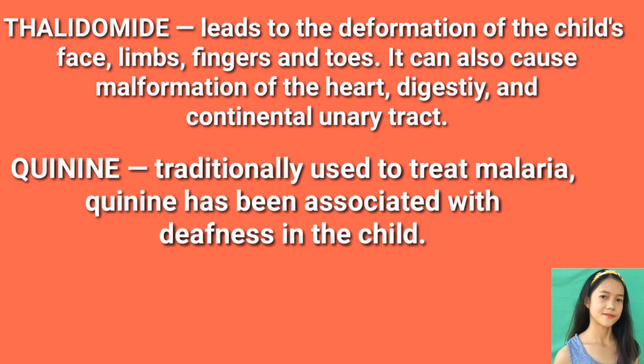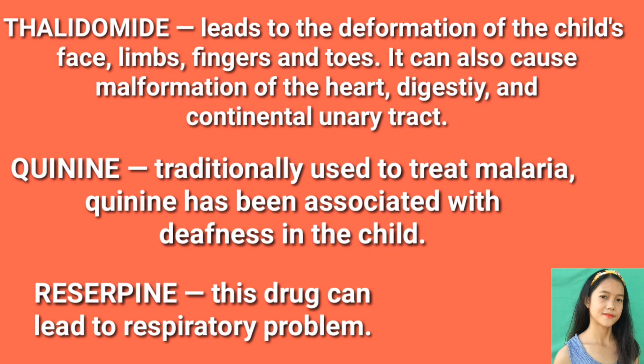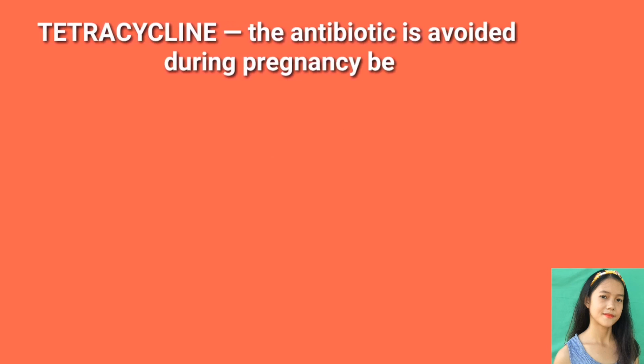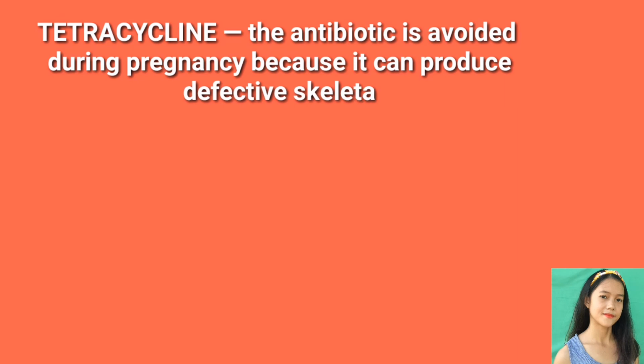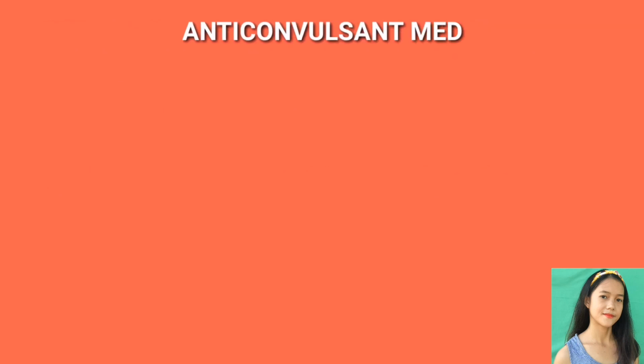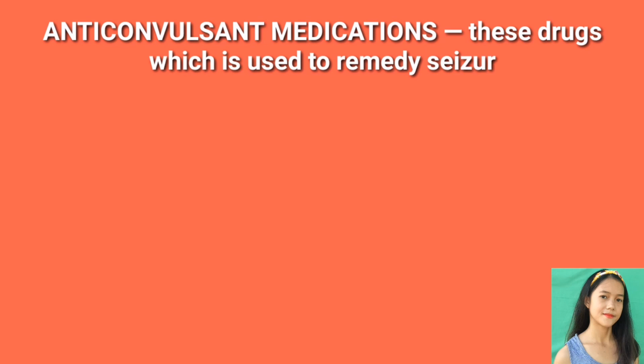Quinine. Traditionally used to treat malaria, quinine has been associated with deafness in the child. Reserpine. This drug can lead to respiratory problems. Tetracycline. This antibiotic is avoided during pregnancy because it can produce defective skeletal growth. Aspirin can cause blood disorders. Anticonvulsant medication.